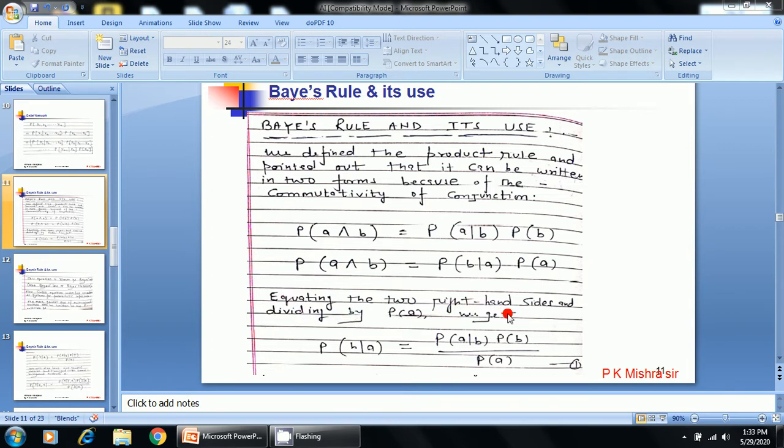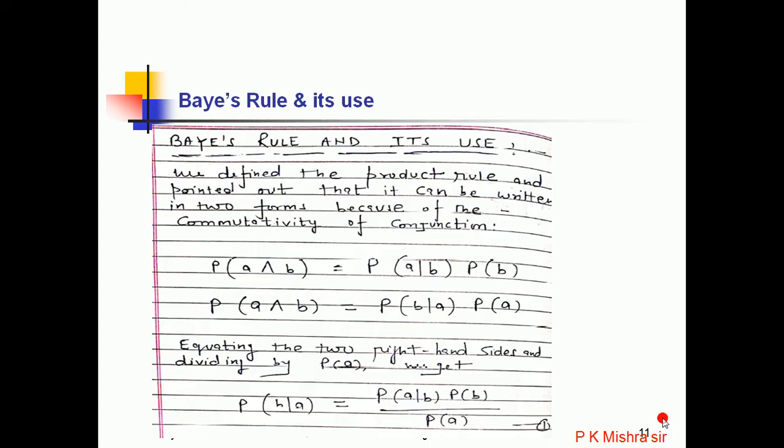Equating the two right hand sides and dividing by probability of A, the formula is probability of B given A equals probability of A given B times probability of B upon probability of A. Okay, see how we use this formula.